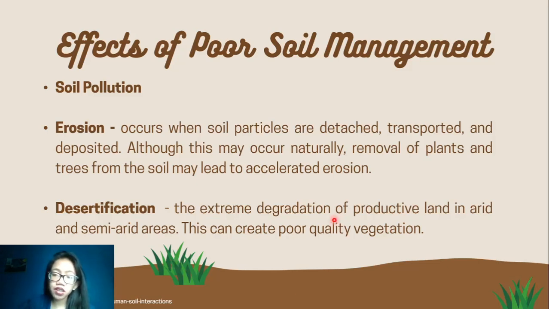Although this may occur naturally, removal of plants and trees from the soil may lead to accelerated erosion. Erosion itself is a normal part of geomorphic process. It's a natural part of the earth. But since there are a lot of human activities, we detach plants and trees in order to convert them into more agricultural land or urban areas, and that might lead to further erosion.